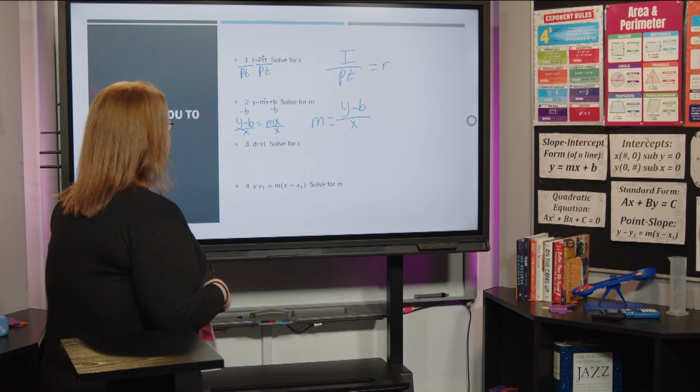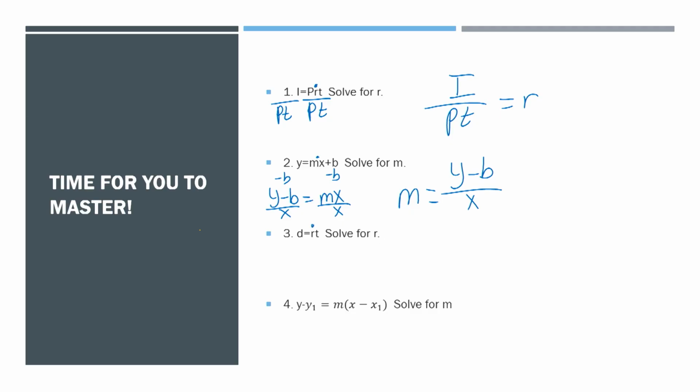Let's try number 3. I'm solving for r. So since r and t are being multiplied, I'm going to divide. So r equals d over t. And then my last one, I'm solving for m. Now, m is being multiplied to parentheses x minus x1.